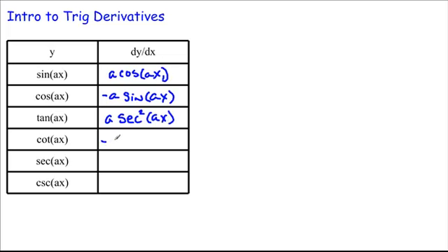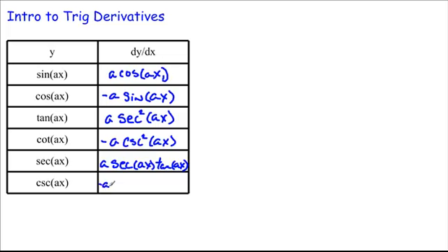Cotangent would be negative a cosecant squared ax. Secant would be a secant ax tangent ax. These are your derivatives for each one of these trig functions.